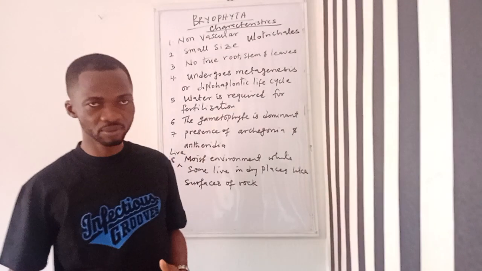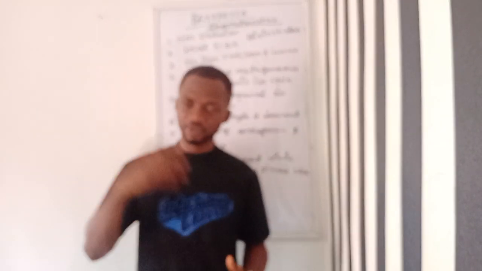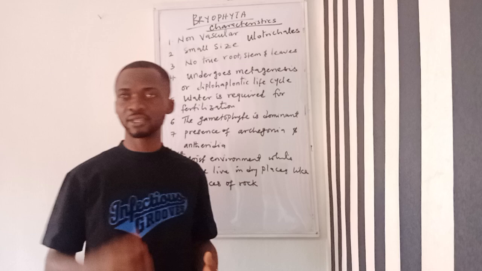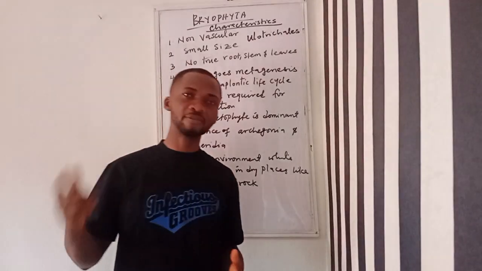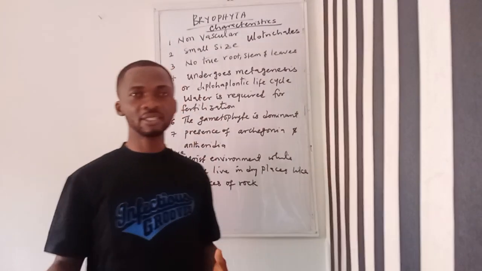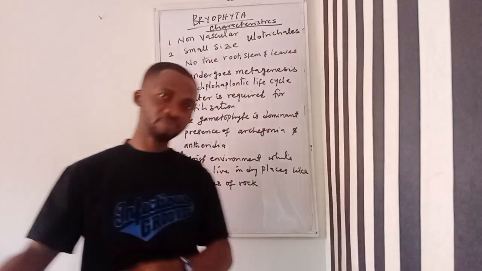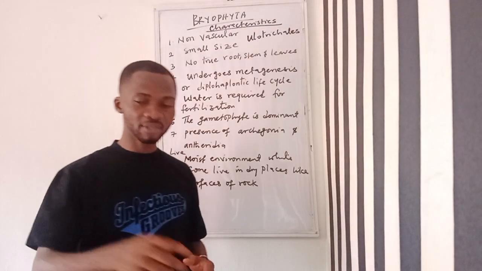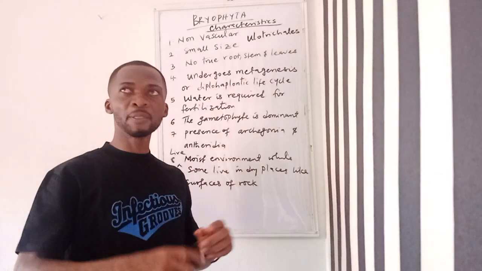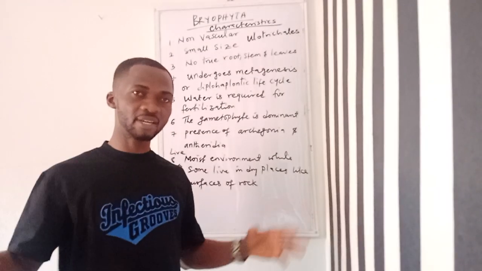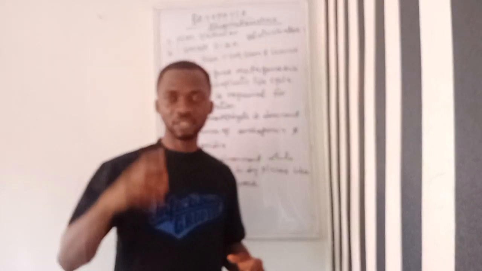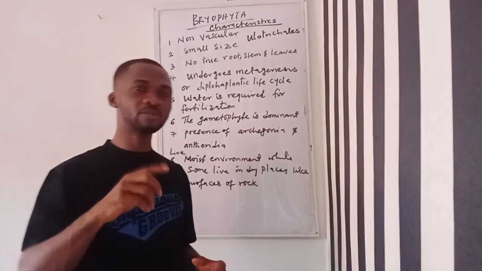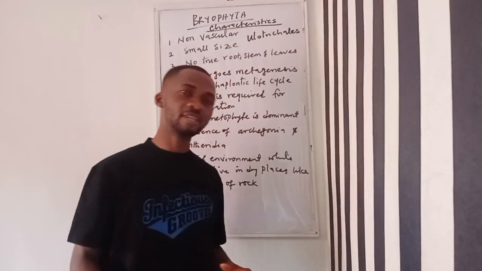When we talked about the different divisions of algae, we talked about the first division, the chlorophyta. Don't forget others: the euglenophyta, pyrrophyta, the chrysophyta, the phaeophyta and rhodophyta. These are the divisions of algae. Now, the chlorophyta has about three classes: the chlorophyceae, the prasinophyceae, and the charophyceae.